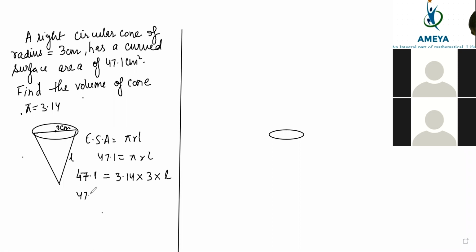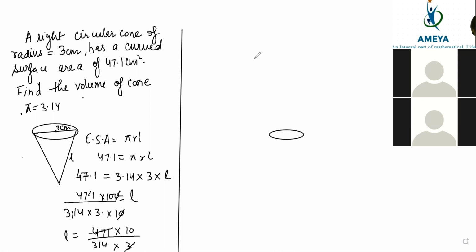So 47.1 by 3.14 into 3 is equal to L. So if this decimal is cut, 100 will go up. This one will cut, 10 will go down. So L is equal to 471 into 10 by 314 into 3.